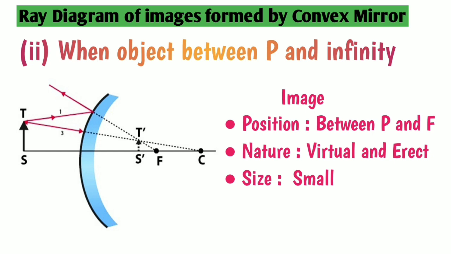If we draw them in the backward direction, then they will meet between the point P and F. So here the image is formed between P and F as the virtual rays meet here. So the nature is virtual and erect, and the size is small with respect to the object. Clear? So this is all about the image formation by concave and convex mirrors.